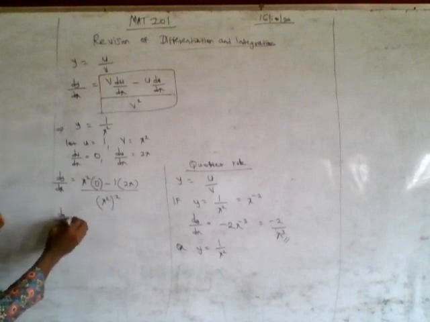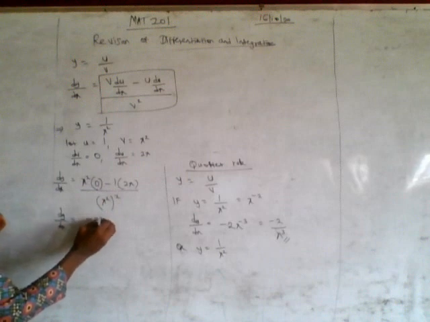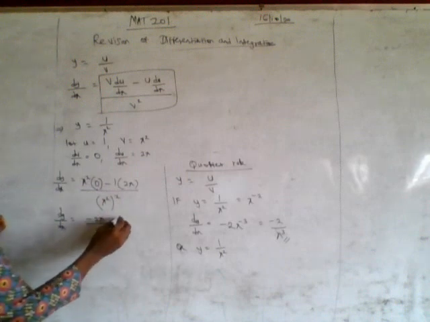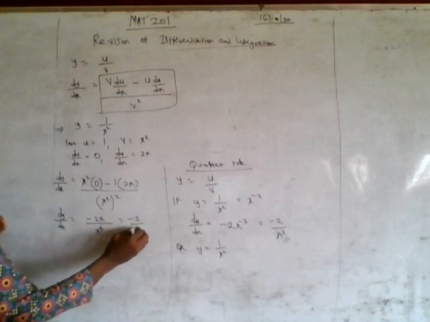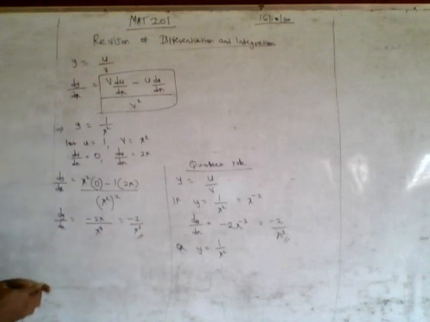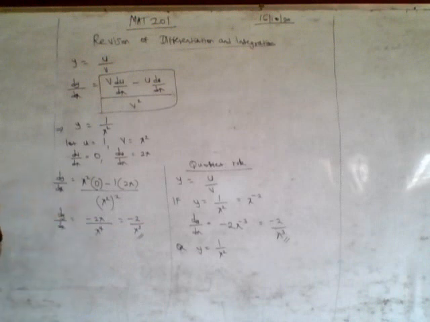So we have dy/dx as minus 2x over x to the power 4. This reduces to minus 2 over x cubed. You confirm it's the same answer we had earlier. So that's the quotient rule.